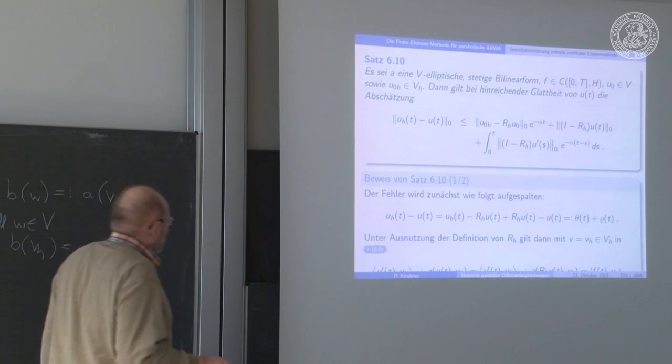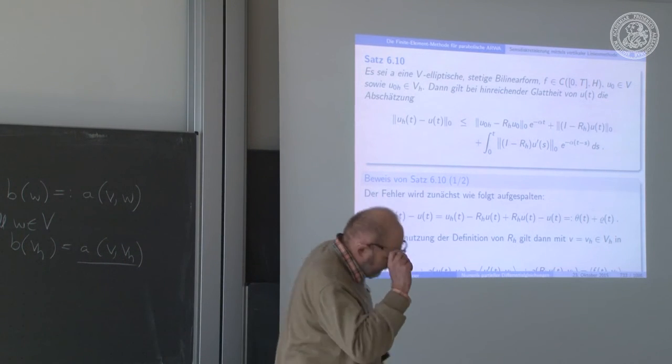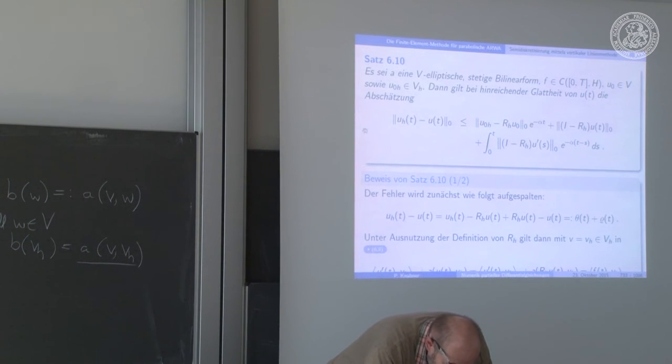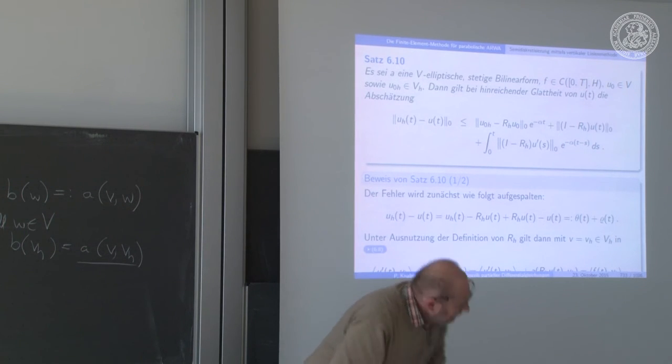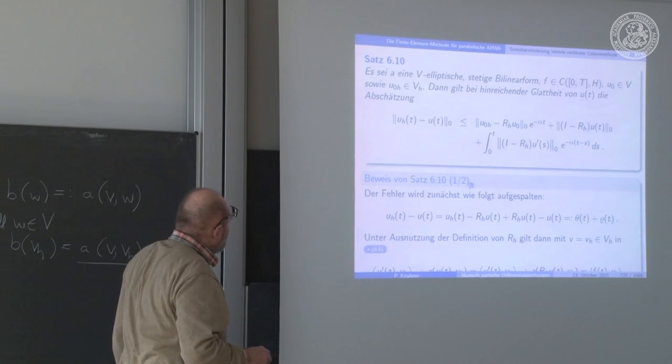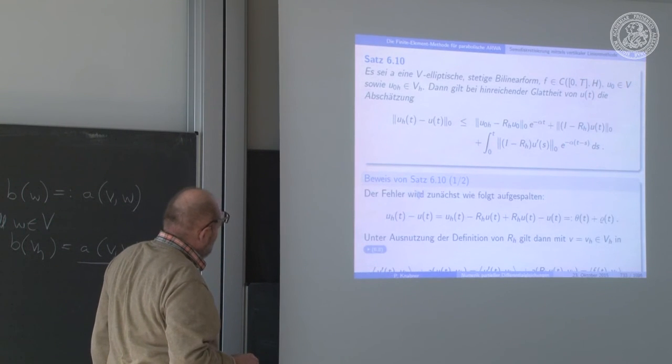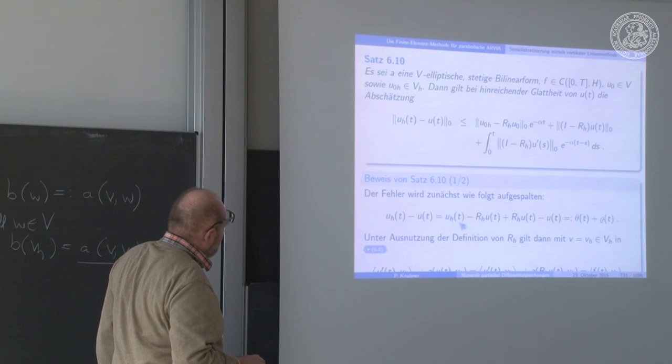Okay, let's prove this. It is a very simple proof, apart from the index mess. So what do we do? This is the error, the term we would like to estimate. We would like to take advantage of the Ritz projection, so we put it in here, and here again.